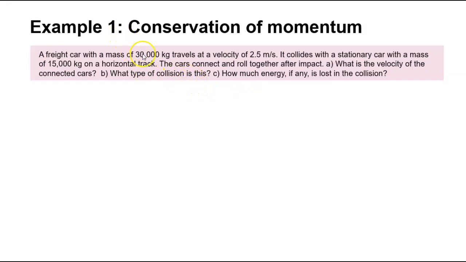When you solve conservation of momentum problems, a lot of times the mistake people make is they focus on the collision, that this one train car is going to crash into the other train car. The collision is the event that we're talking about, but we don't draw a picture of the event.